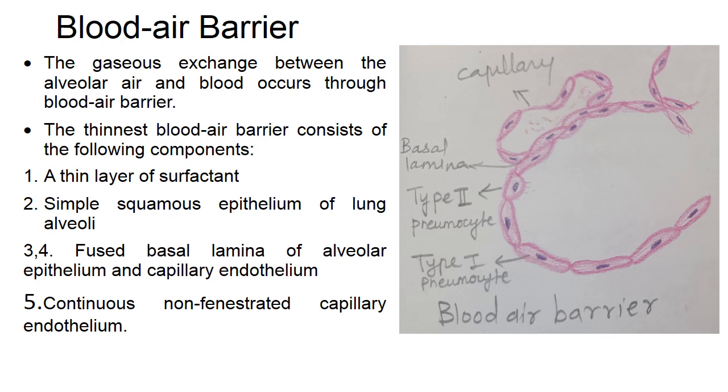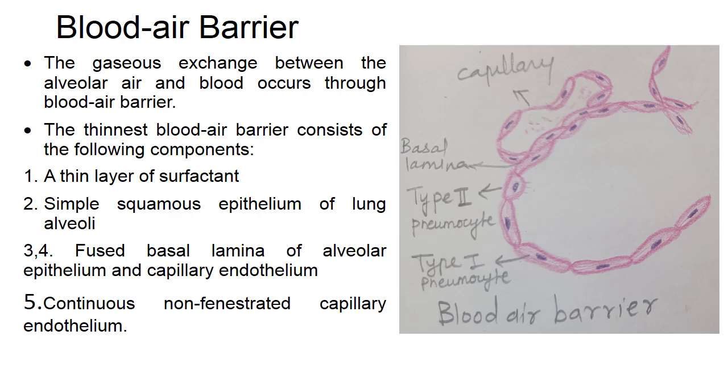So they are fused. And the fifth layer is continuous non-fenestrated capillary endothelium. So on one side we have capillary, on other side the lung alveoli, and in between these two the blood-air barrier is formed.